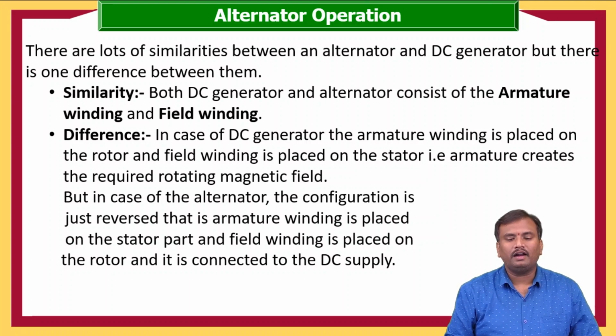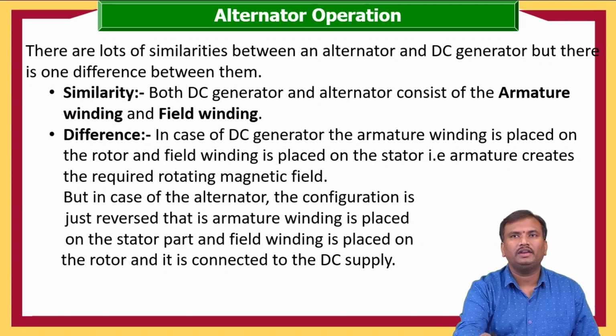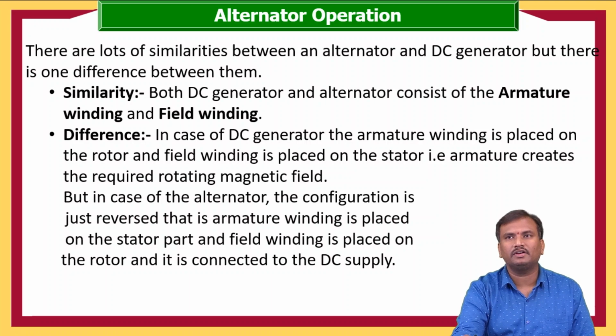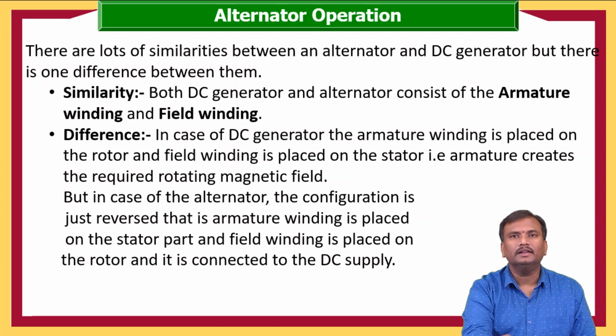And there are a lot of similarities between the alternator and DC generator, but there is one difference between them. Both DC generator and alternator consist of armature and field winding.